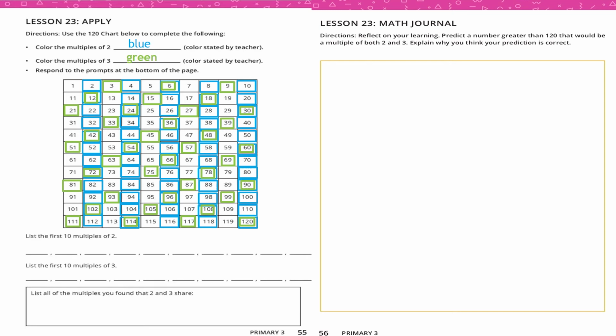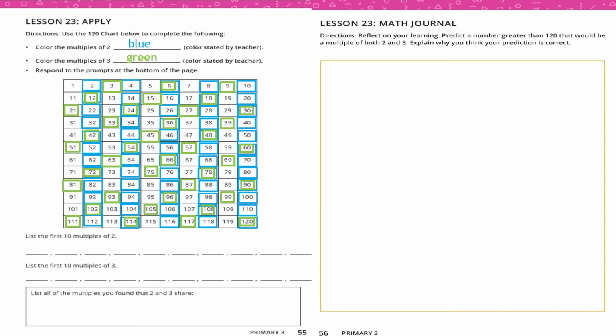Color multiples of 3 in green. We said that for multiples of 3, the sum of their digits must be a product in table 3. Like what? 3. 3 is a product of table 3 because if you multiply 3 times 1 it will be 3.